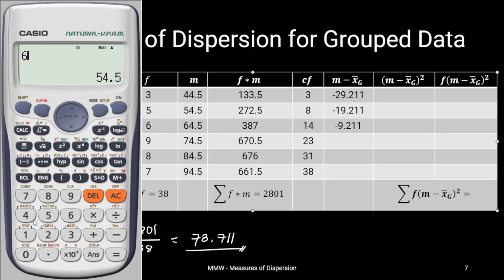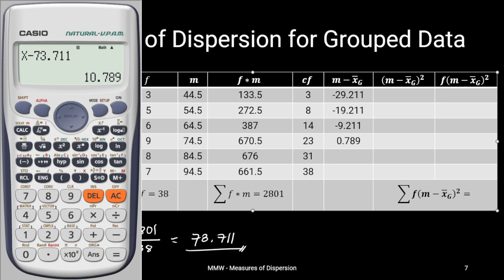So let's validate 64.5. Ayan. That's 9.211. The next, that is 74.5. Ito positive na. So we have 0.789. Next. So we have calc 84.5.